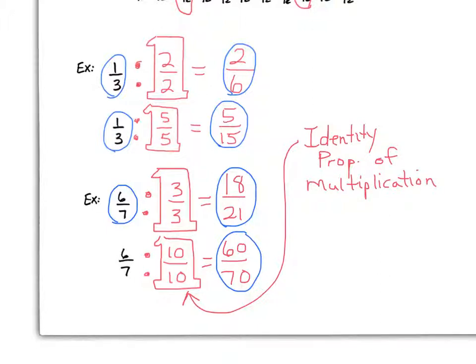It looks different, but it doesn't change the actual value. So identity property of multiplication, you just multiply by 1. And it's okay. It's perfectly legal. Alright, so that's equivalent fractions. By the way, this represents the big fat number 1.